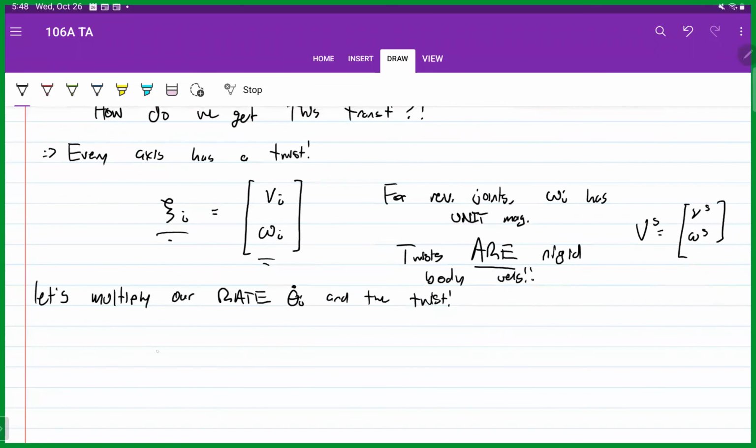Okay, so if we do xi I times theta dot I, what are we going to get? Well, let's just multiply that component by component. Vi times theta dot I, and we have an omega I times theta dot I.